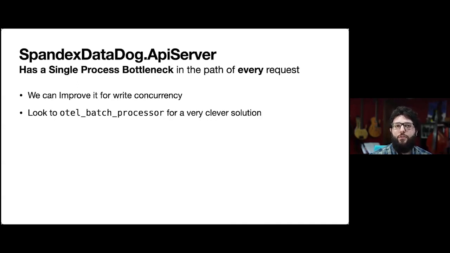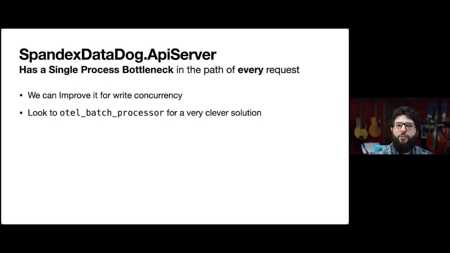To come up with a solution for this, I looked at the OpenTelemetry OTel batch processor, which has a really clever solution. Don't have time to dig into it deep, but essentially the way it works is there's two write concurrent ETS tables. Whenever a request finishes, it writes the traces into the ETS table.